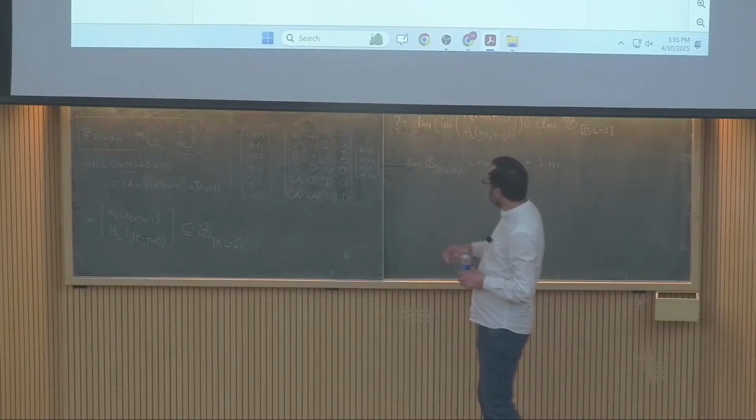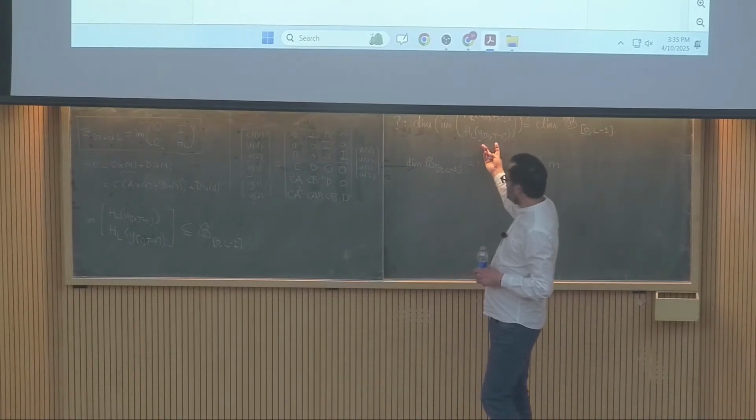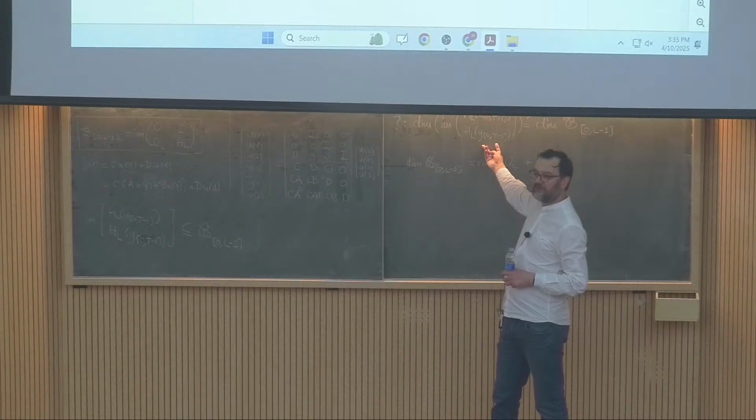But how can I find out the rank of this matrix? The dimension of the image is the rank of this matrix. How can I find the rank of this matrix?